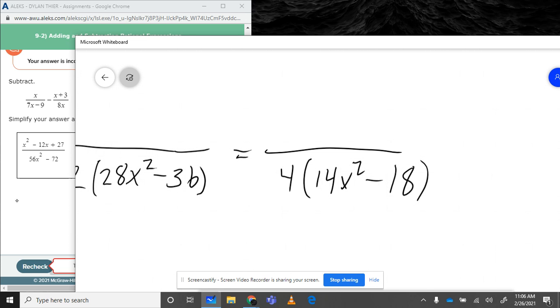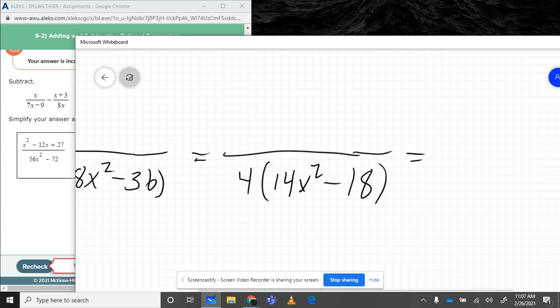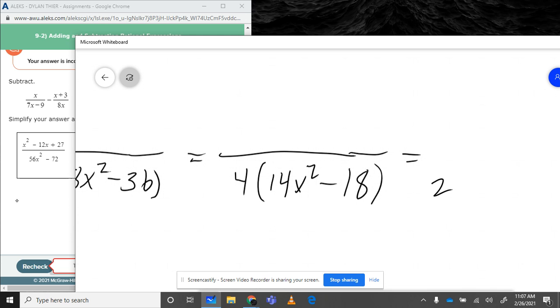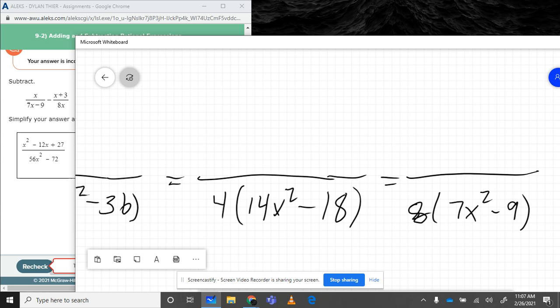Or we could factor out another 2, which would give us 8 in the front, and we would have had 7x squared minus 9. Okay, so that's the most I can factor out of the bottom.